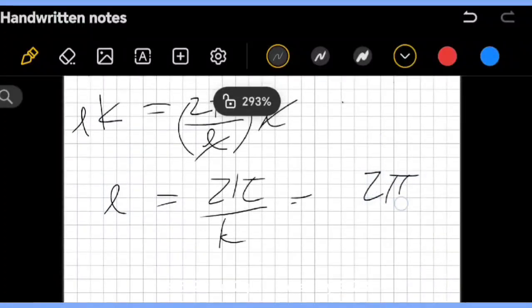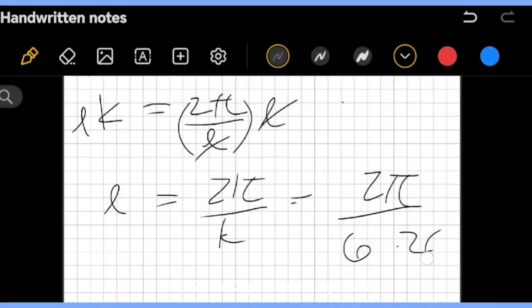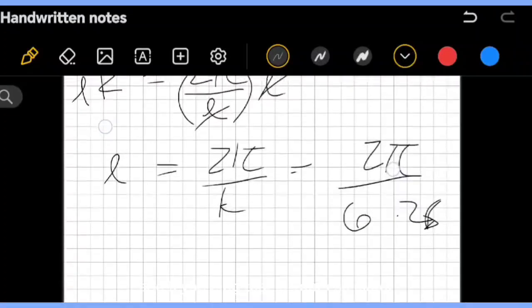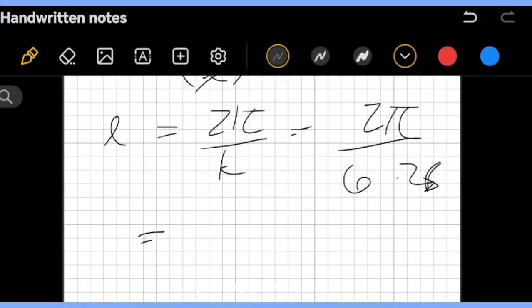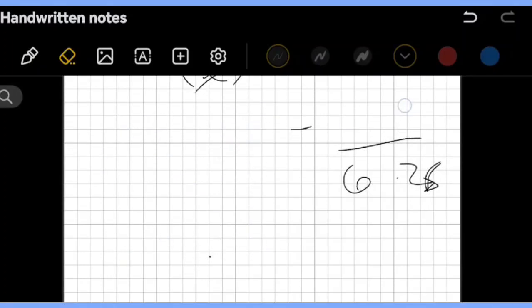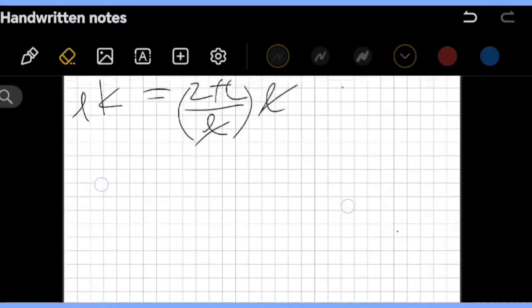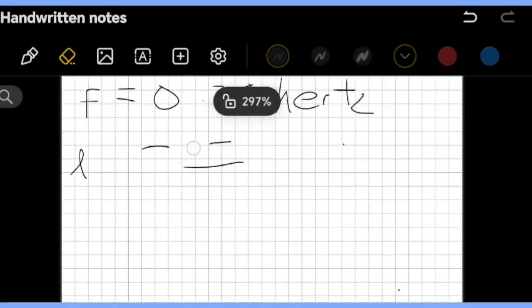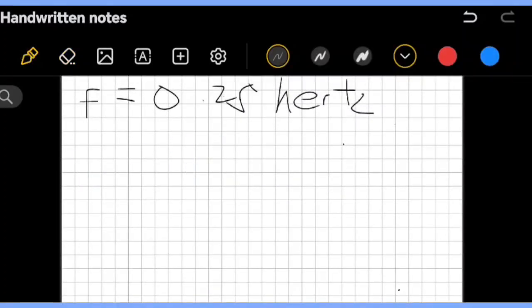So 2 pi divided by 6.28. If you plug that in your calculator, you'll get a value of about 1 meter. So that's the value of our wavelength. Wavelength is equal to 1 meter.